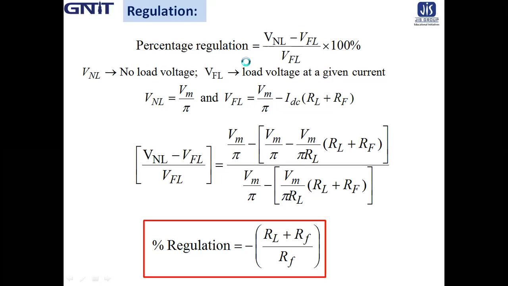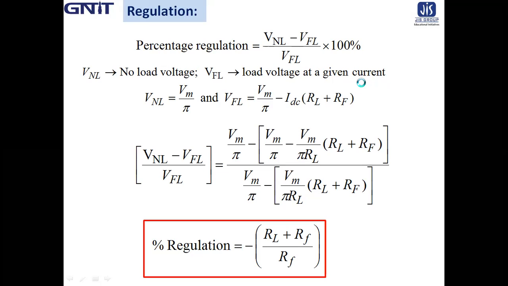So percentage regulation equals VNL minus VFL by VFL into 100%, where VNL is the no load voltage and VFL is the load voltage at a given current. Now, an ideal power supply should have 0% regulation. That is, its voltage should not vary with load current.